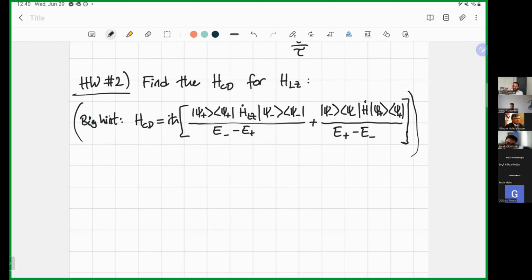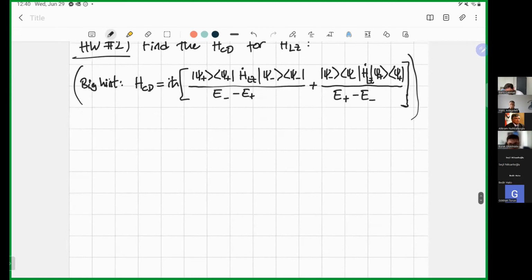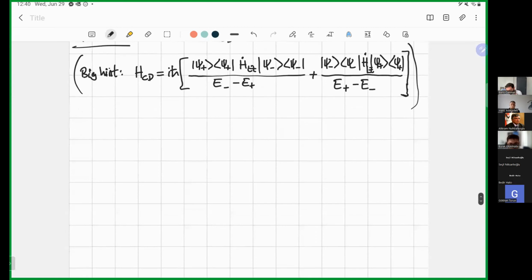All right. I'll also tell you what you are going to get when you do this calculation. What I'm going to do is show you what you get by using a trick that may seem a bit complicated, but actually it's not.